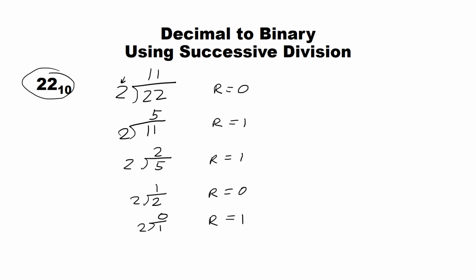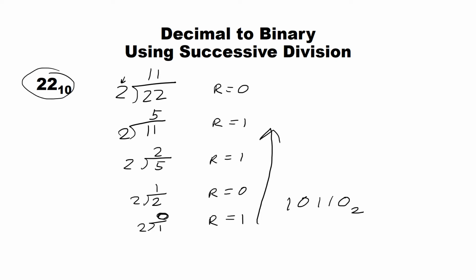So you keep going until you end up with a 0 here on top. So in other words, 2 goes into whatever it is 0 times. Then if you want to figure out what the number is, you read it from the bottom up. So this number is 1 0 1 1 0. That is my base 2 equivalent using the process of successive division.